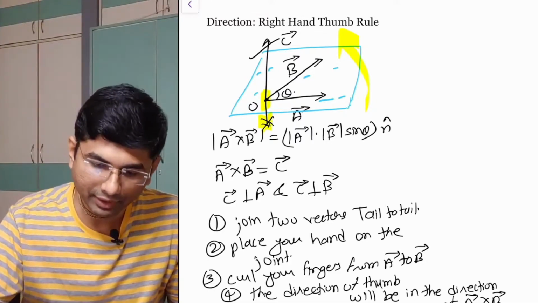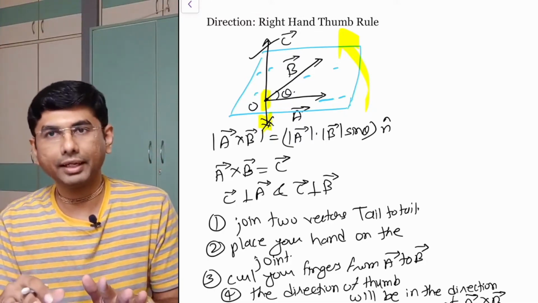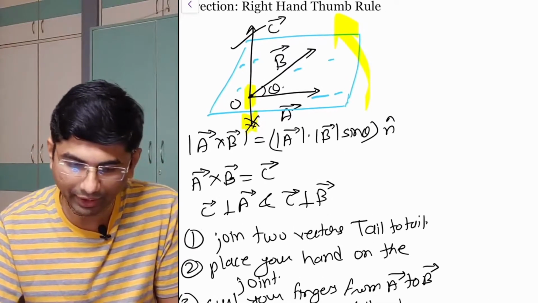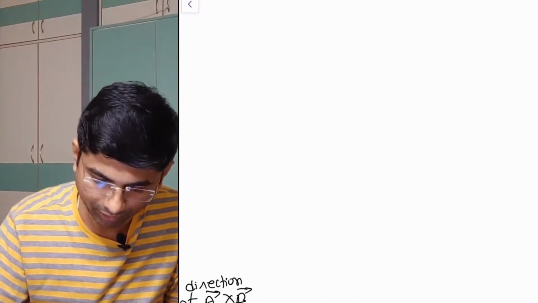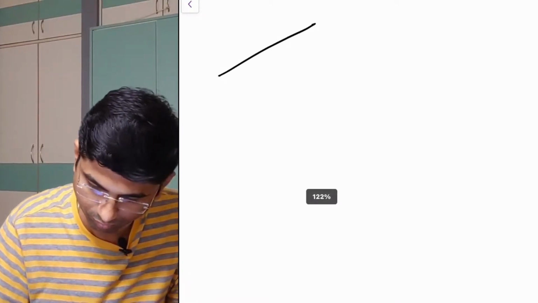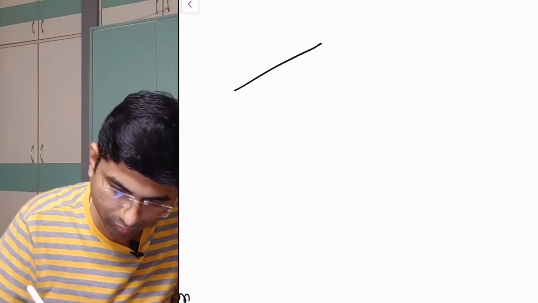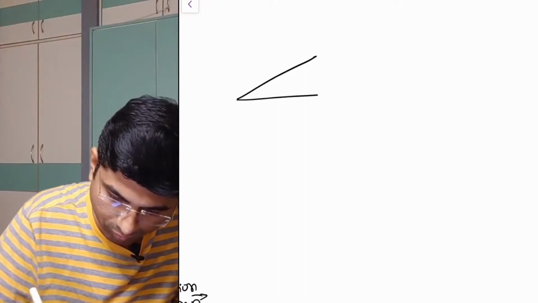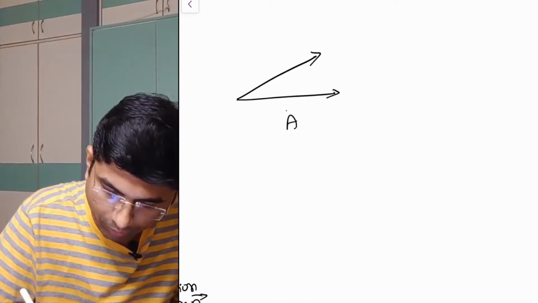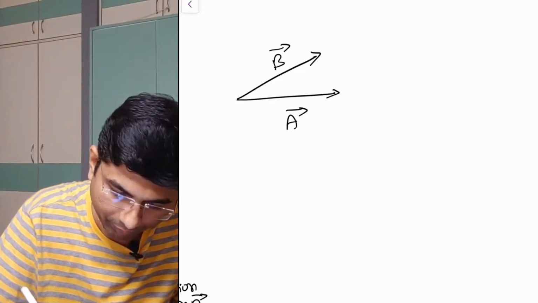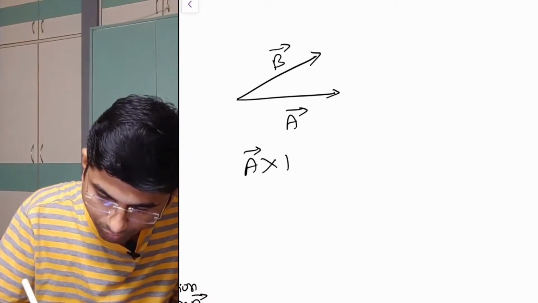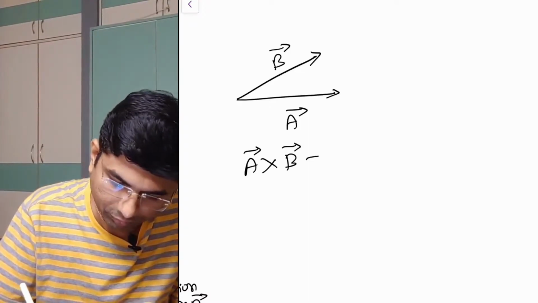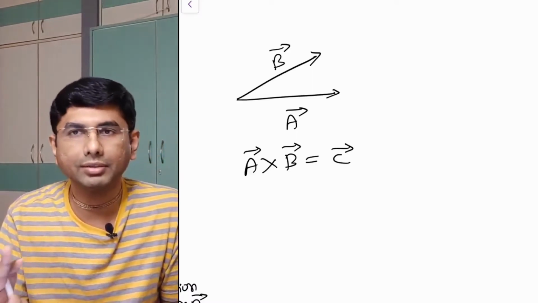Now when it is anti-clockwise, you just see this diagram. Whenever the vectors are anti-clockwise, I'll just give some examples. We are having the first case, A vector and B vector. Now I am having A cross B, that is the C vector.